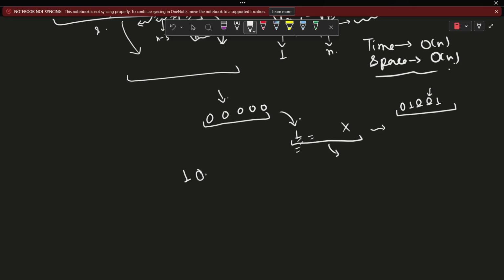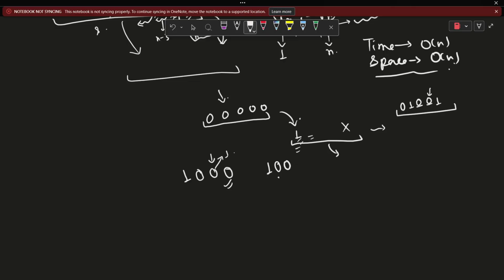I can put one 0, I can put another 0, but I can't put a third 0, because if I put a third 0, then this 0 has to be converted to 1, which is not optimal. So, followed by 1, I can at most put two zeros, okay?